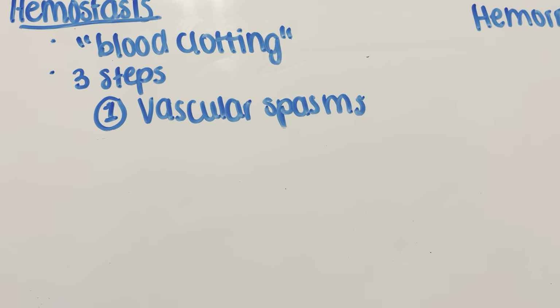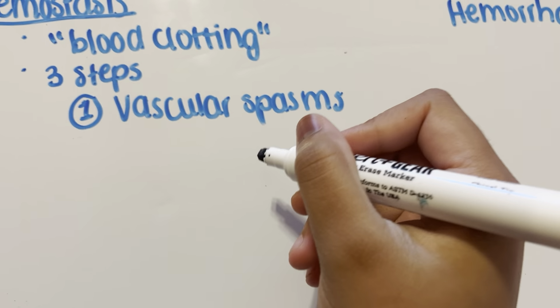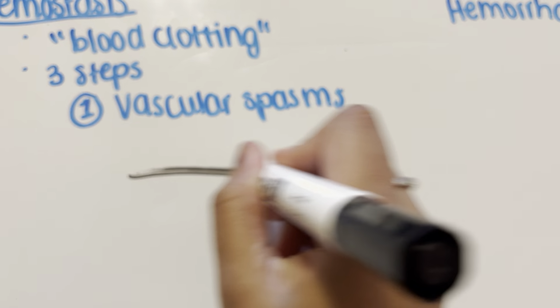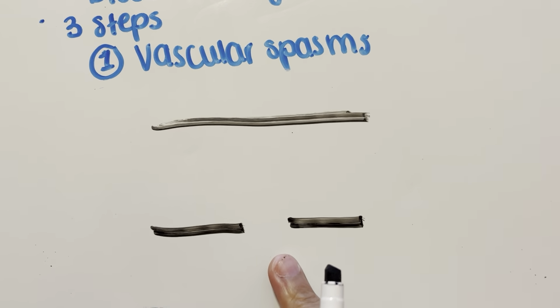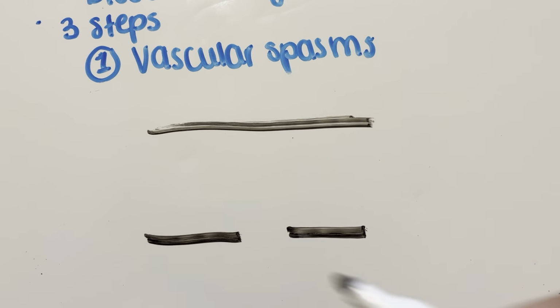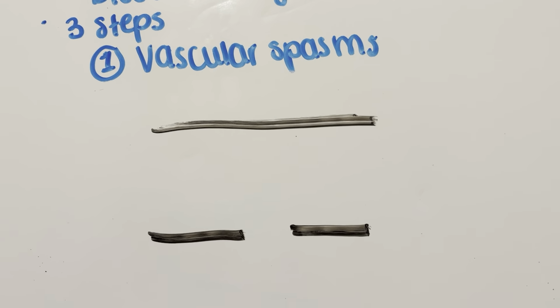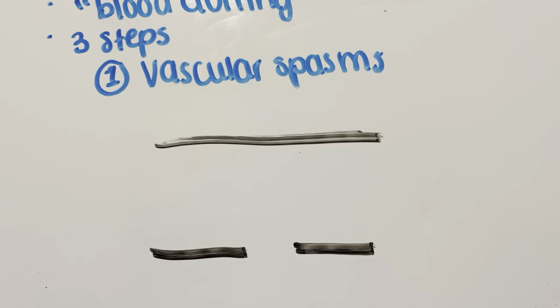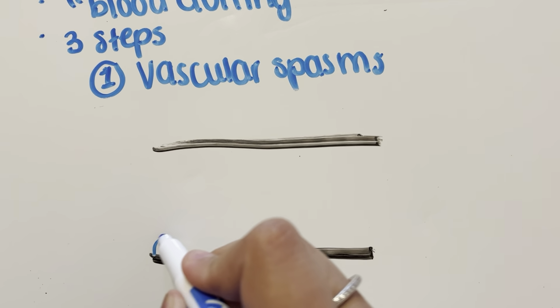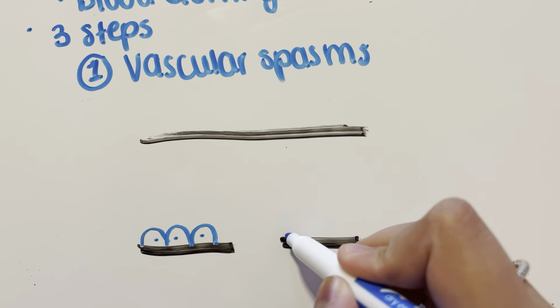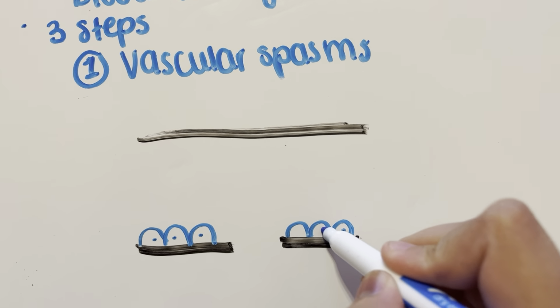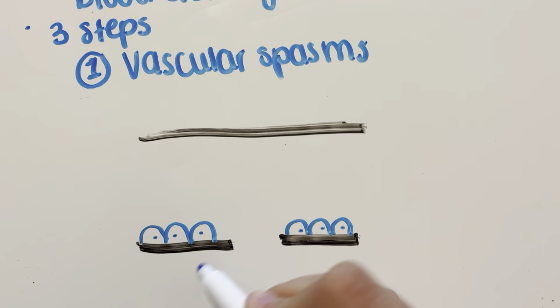Okay, before we get into that, let's go into the anatomy of a blood vessel, or just a broad visual. So let's say that, hey, this is my blood vessel, and as you can see, there's damage done to the blood vessel. Because there's damage done to the blood vessel, we have epithelium inside that can be damaged. Remember, simple squamous epithelium. Or we have connective tissue outside that is damaged.